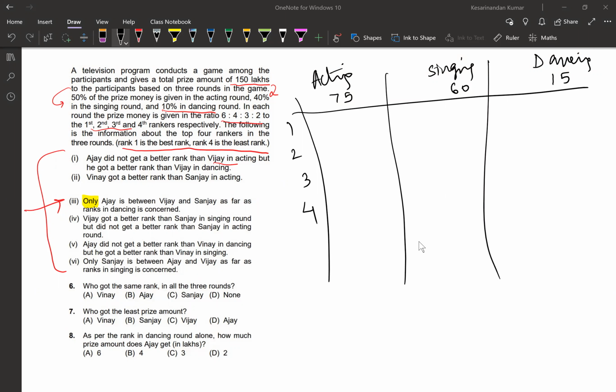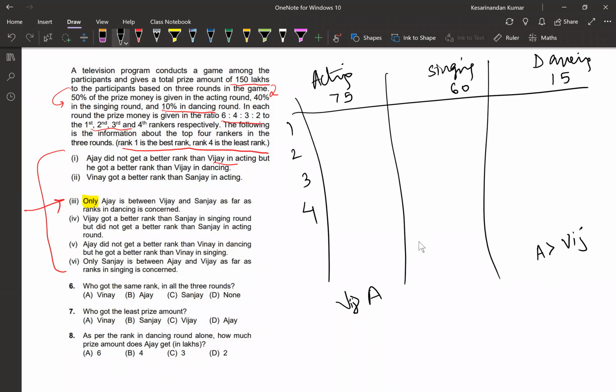That means Vijay's rank was better than Ajay in acting, but he got a better rank than Vijay in dancing. Second statement, and this will be Vijay, because they haven't mentioned the people initially.